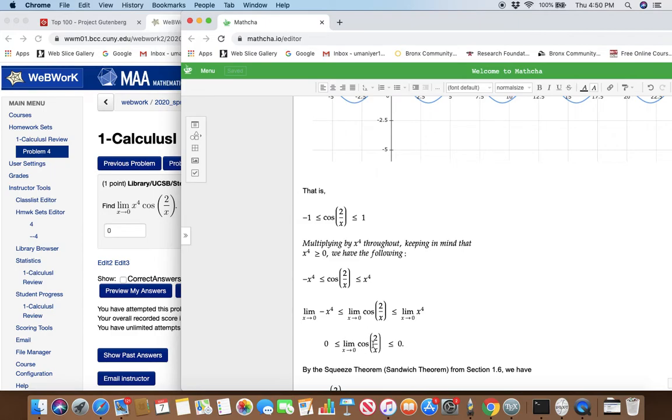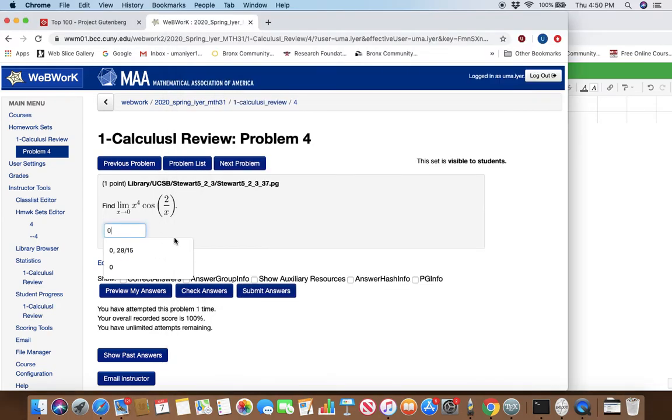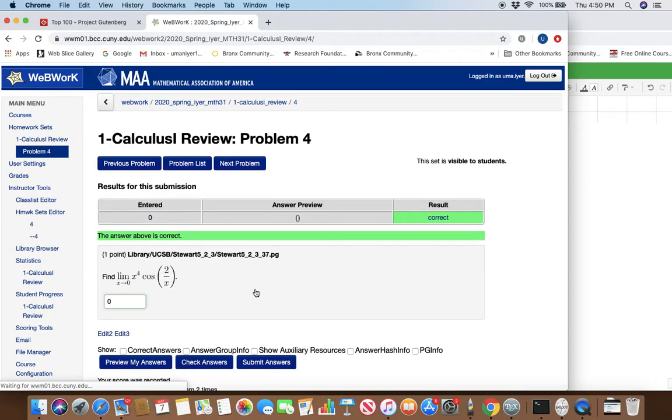In other words, my limit is bounded above by 0 and below by 0. This calls for what is called the squeeze theorem or the sandwich theorem, and you get the limit as x approaches 0 of x to the 4 cosine 2 over x to be 0. All right. So until next problem.